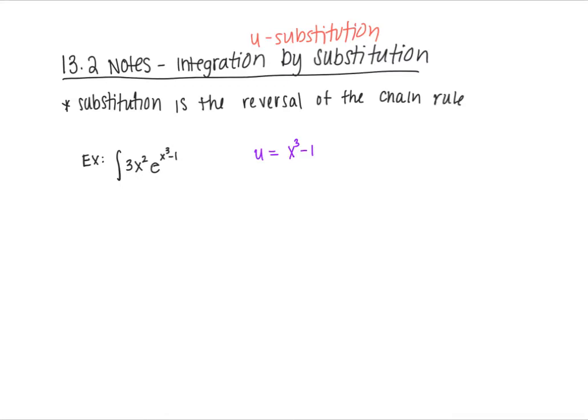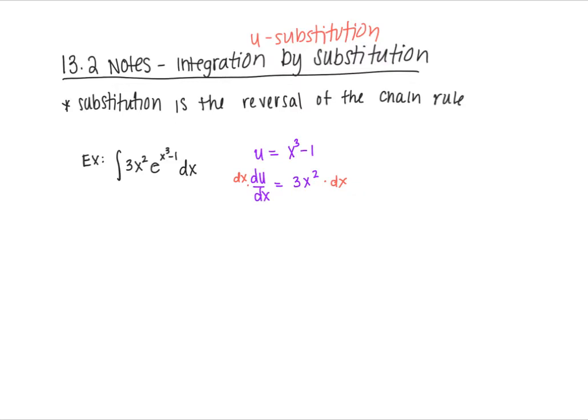Then you take the derivative of u. So du dx equals 3x squared. Next, I'm going to multiply both sides by dx, because the goal here is to get dx by itself. I just realized there needs to be a dx here, so add that in.